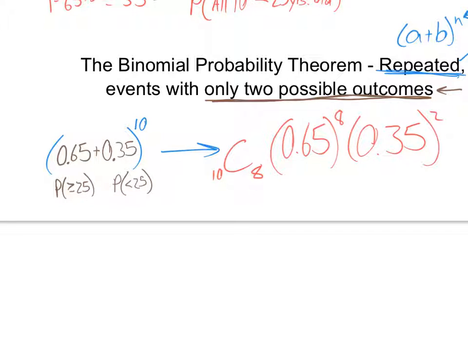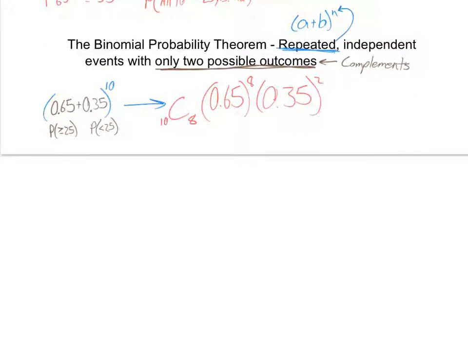So, the binomial probability theorem: repeated independent events with only 2 possible outcomes. Notice the terms in the expansion will give us the probability of different outcomes. 8 and 2 people from each group. We could have done 5 and 5, or what's the probability of getting only 1 person older and 9 of the other. Every term in that expansion is going to give us a different outcome.